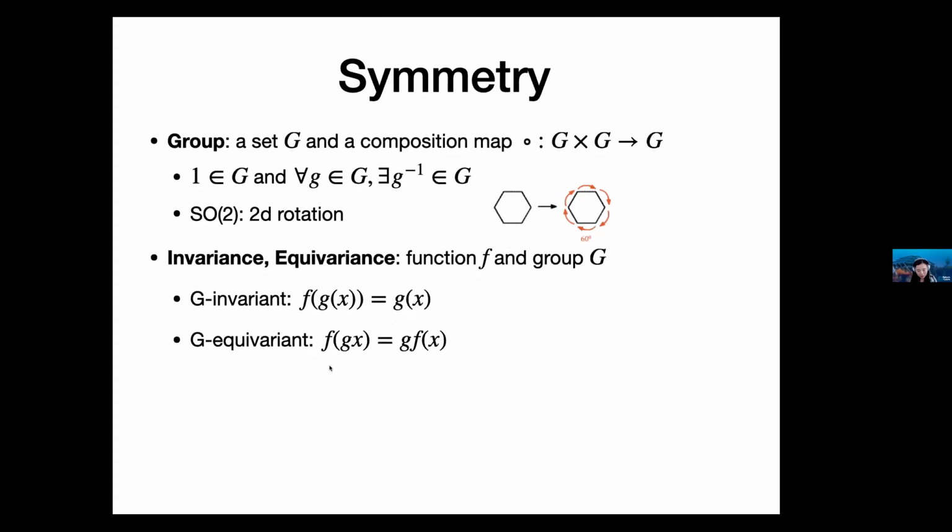Equivariance is a more general version of invariance, which means if I apply a group transformation to the input data x, then this group transformation will apply to the output of the function f of x. So if a function is equivariant, then when we apply a transformation to the input, it automatically applies to the output. Let's consider a simple example.